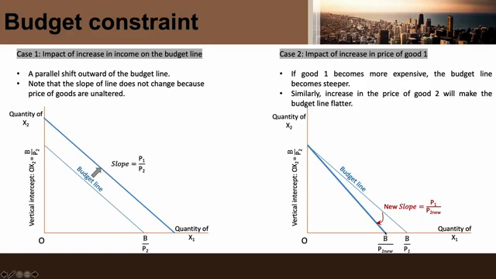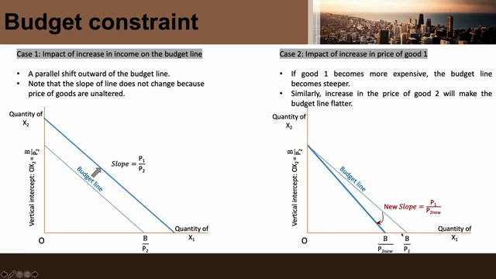So the budget line, which joins the extremes when the consumer can buy only quantity 2 to when the consumer can buy only quantity 1, moves inward and becomes steeper. This point doesn't change because the price of commodity 2 is not changing and the total budget is not changing.